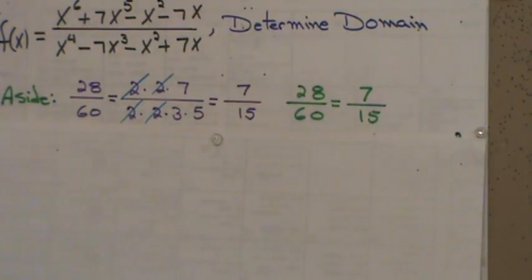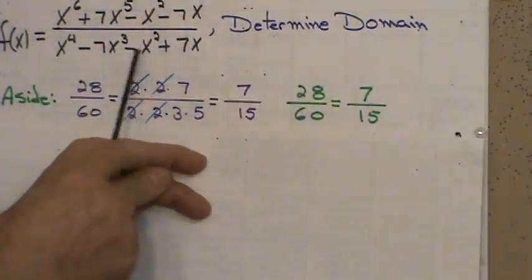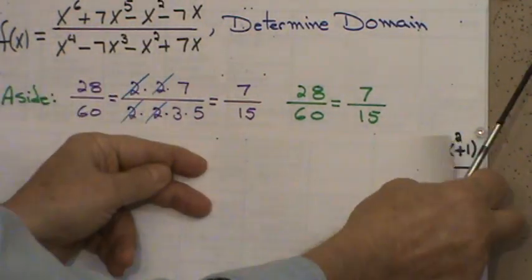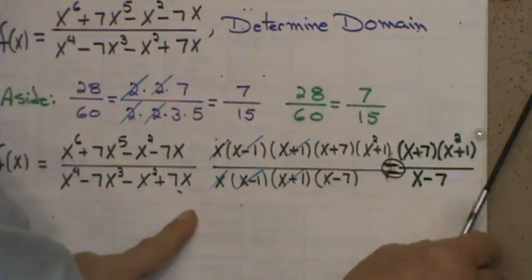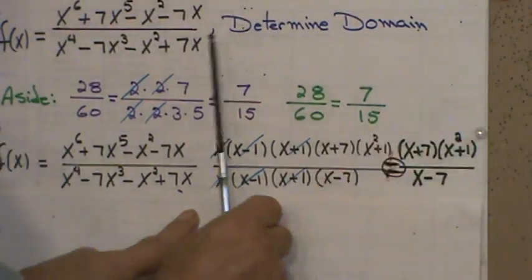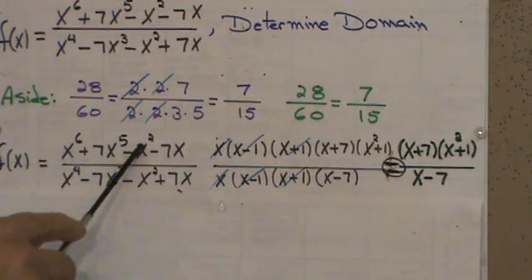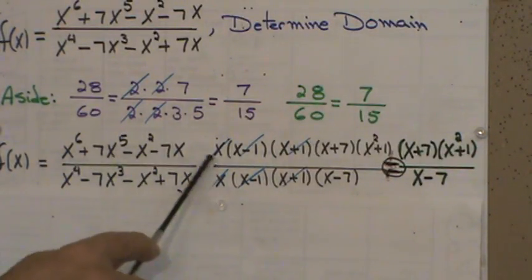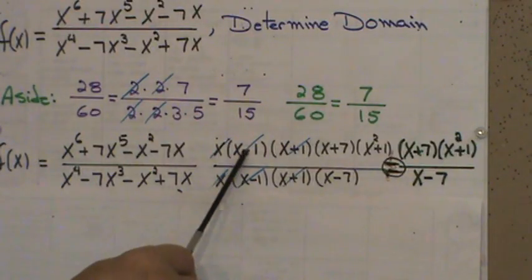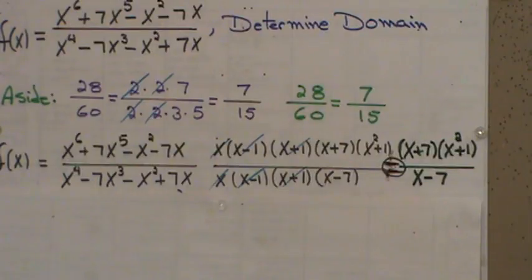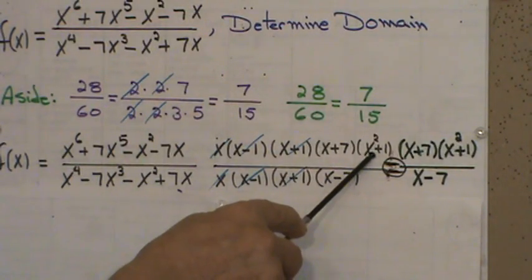Corresponding to this analogy, I do exactly the same thing for this function. According to the fundamental theorem of algebra, I broke it down into factor form, which ends up being 4 linear factors and one irreducible quadratic factor.